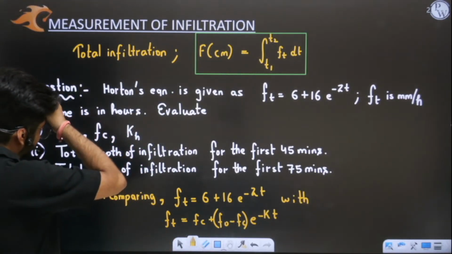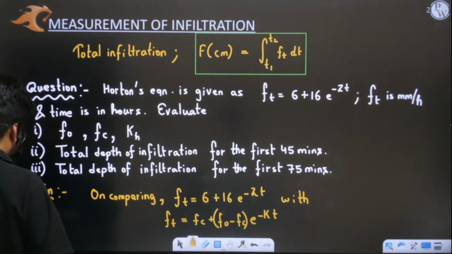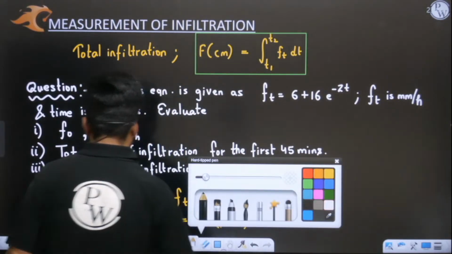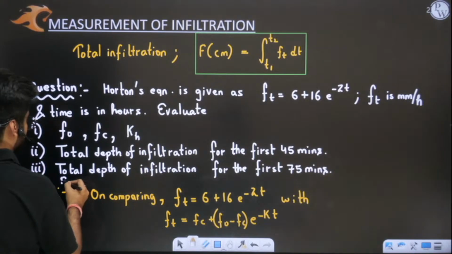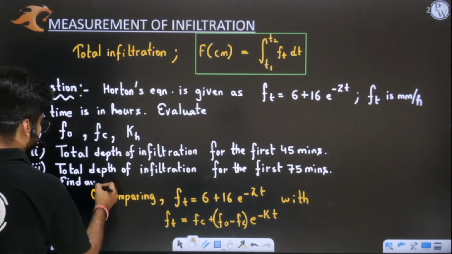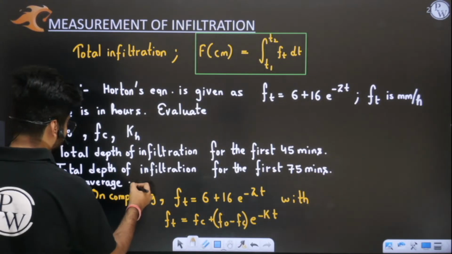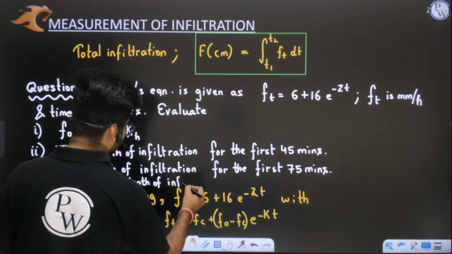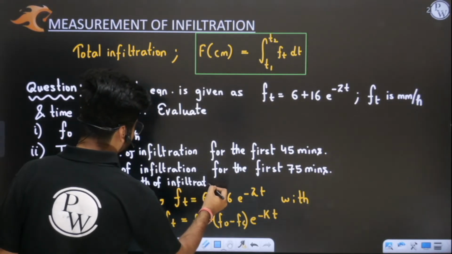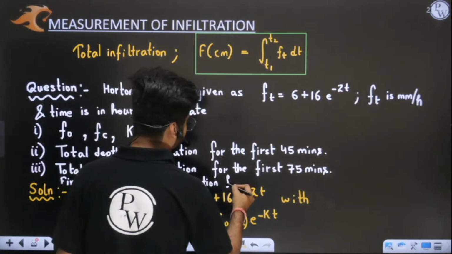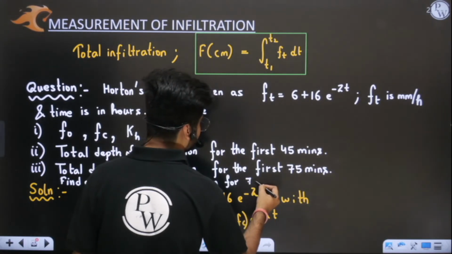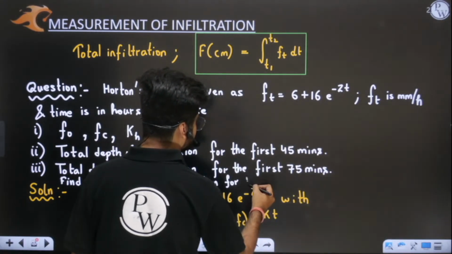Now one thing is there, let us say they are saying find the average depth of infiltration for the first 75 minutes, which is 1.25 hours.